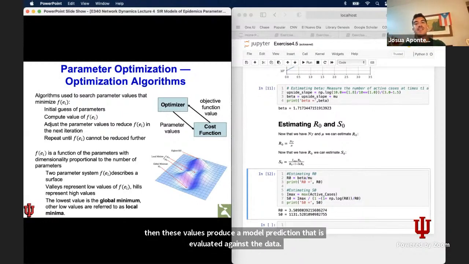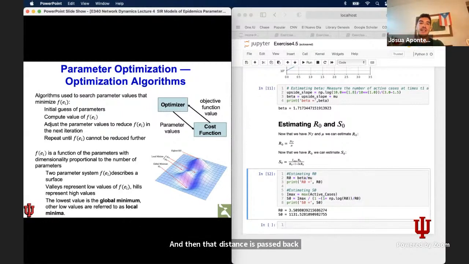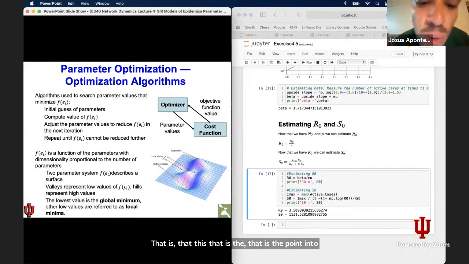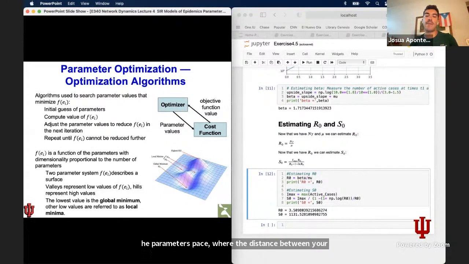Then the distance is passed back to the optimizer such that it can determine what next values of the parameters to produce. The optimizer will try to reduce the distance between your model and the data until it cannot be reduced further. We call that point a minimum. That is the point in the parameter space where the distance between your model and the data is minimized.